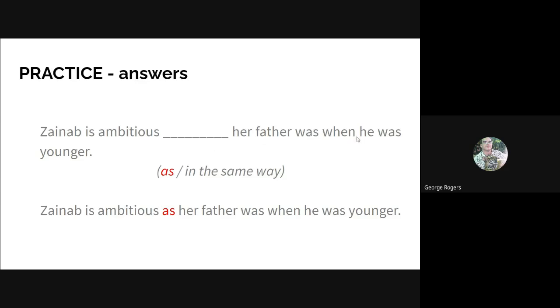Her father was when he was young. So if we just look, notice Zainab is ambitious. It's a whole thought. If we only saw her father was when he was young, what was her father when he was young? Could be many things. So this is subordinator. Again, independent, dependent clause. So as would be used here.